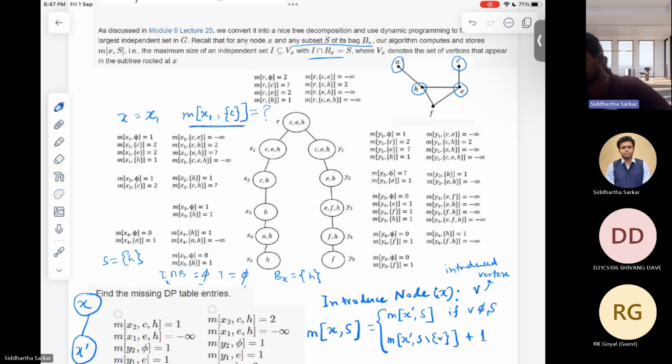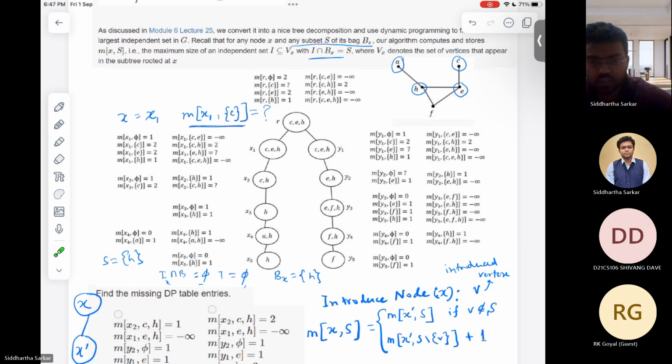Okay, so what does this mean? Let me take one entry in this figure and apply this formula. The first thing that we want to compute is the value of this table at x2.